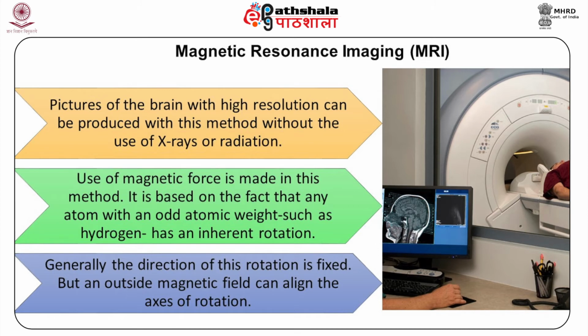Use of magnetic force is made in this method. It is based on the fact that any atom with an odd atomic weight, such as hydrogen, has an inherent rotation. Generally, the direction of this rotation is fixed, but an outside magnetic field can align the axis of rotation.